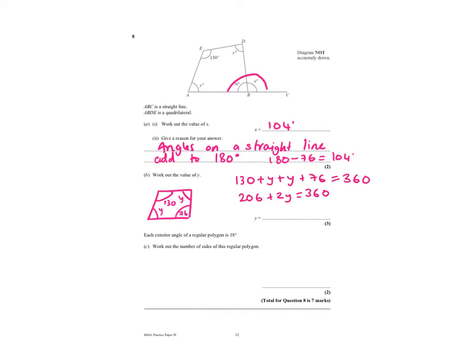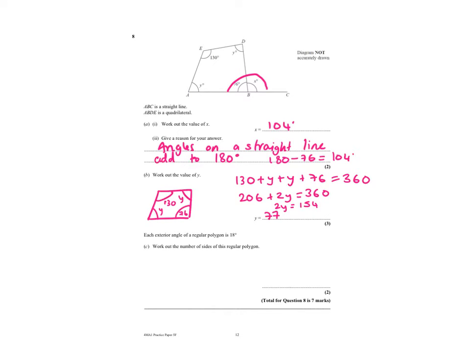If I minus 206 from both sides, I get 2y equals 154. I need to now divide by 2. So y equals 77. Again, you can always double check on your calculator as this is a calculator paper.